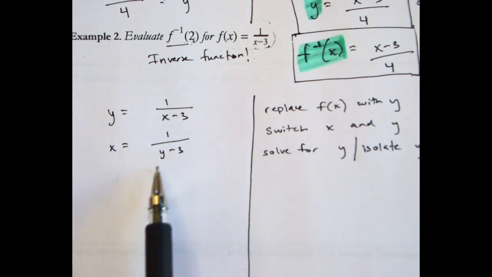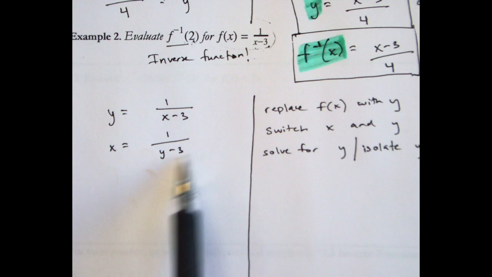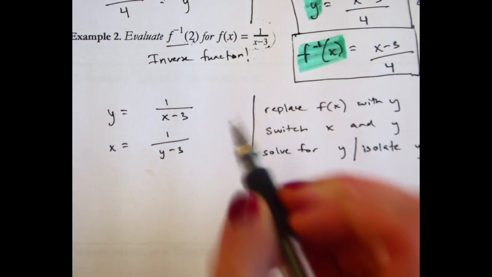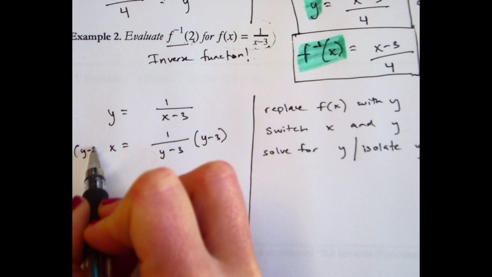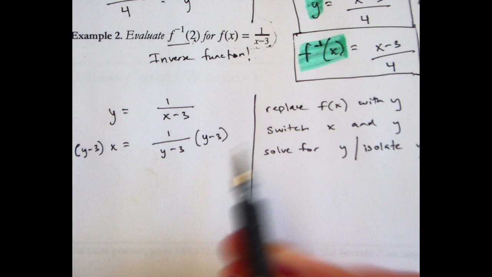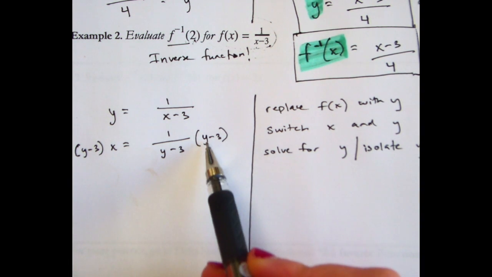This is going to be a little bit harder to isolate y because I have y underneath a fraction in the denominator. A good thing to remember is to get rid of a denominator like this, you can always just multiply. The denominator cancels out with what it's being multiplied by.